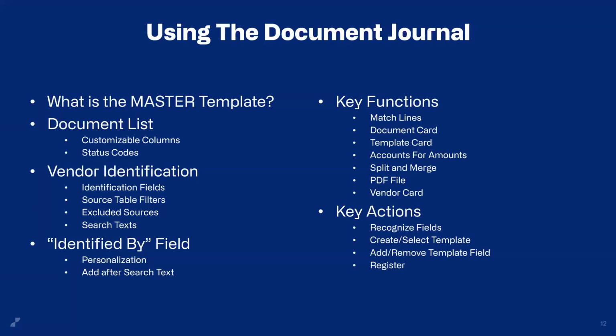I showed you how everything on the same line is a this-or-that statement. A brand new line is an and statement. So in the case where you might have similar vendors, maybe the same vendor but with multiple templates, utilize search text and create new lines in the search text to route it and make sure that you're finding the right template, because it has to meet all of that criteria for each line of the search text.